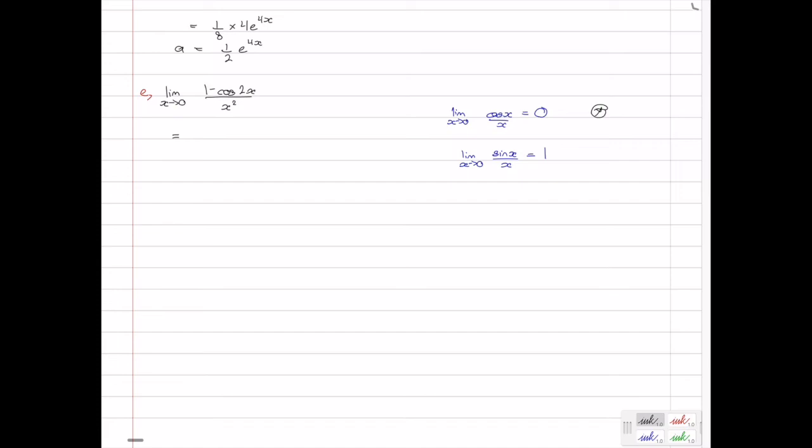But that's also not going to work because the top has the cos function raised to the power 1, but the denominator is squared. So we either have to have all of it squared or none of it squared. That doesn't tell us to straight away use this one.